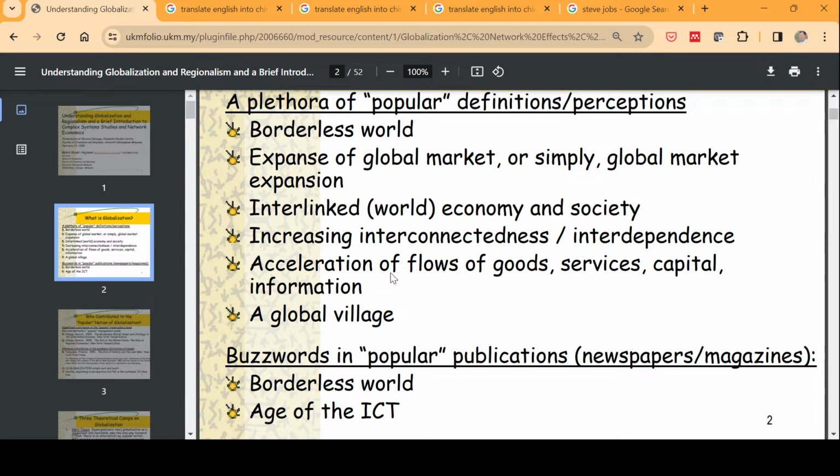Internal, not internationalization, internalization.